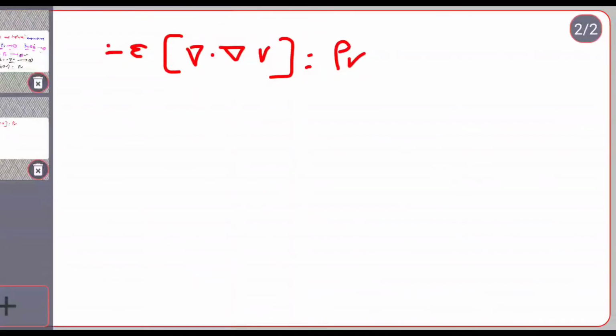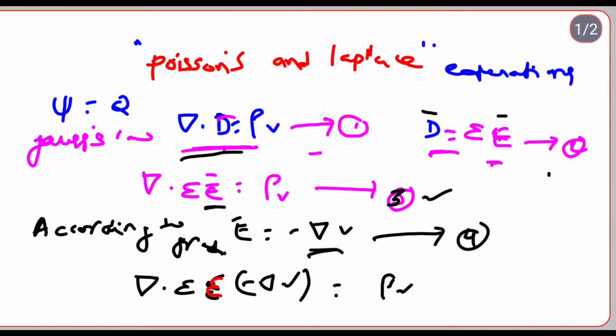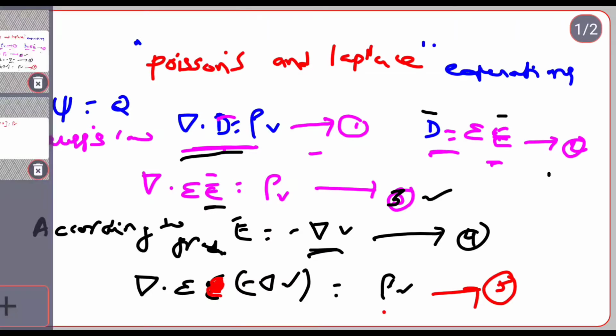Assume that it is equation 5. We substitute here in del dot epsilon E, E equal to minus del V. By taking minus epsilon outside, we can write del dot del V equal to rho V, that is equation 5.